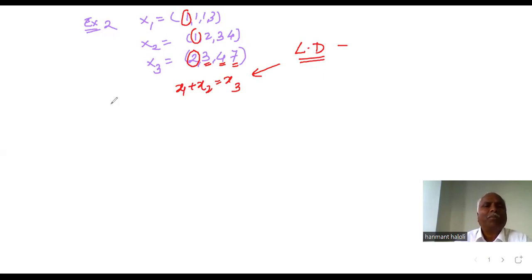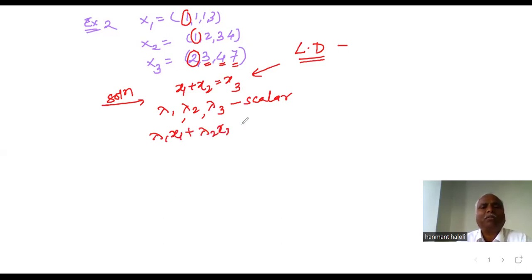Now, how to solve step by step by matrix method? Given system can be written as, again assume that lambda 1, lambda 2, lambda 3, there are three vectors so take three scalars. Their linear combination is x1 into lambda 1, x2 into lambda 2, and lambda 3 into x3 equal to 0. Now you can write directly a matrix equation in vertical form. Here 1, 1, 1, 3 are the x1 vector components, written in vertical column form.